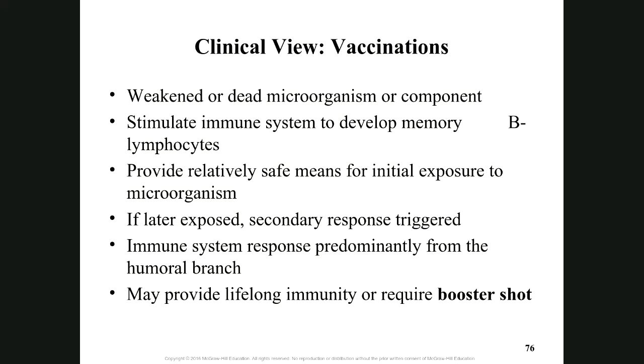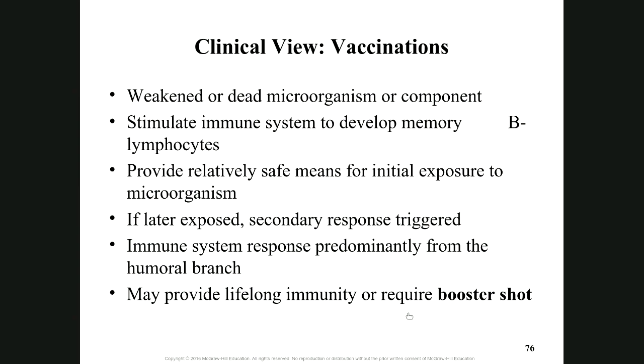And vaccination is the use of weakened or dead microorganisms or components. It can stimulate our immune system to develop memory B lymphocytes, and it can provide a relatively safe means for initial exposure to a microorganism. And when later we are exposed to that microorganism, the secondary response which is created is much stronger.